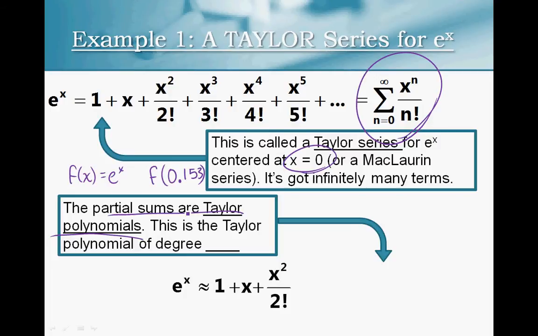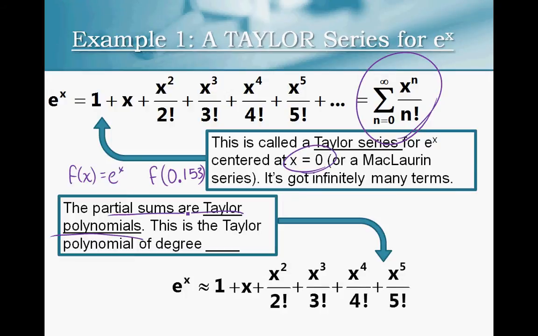It doesn't have a table where it knows that e to the 0.153 is equal to whatever value it's equal to. Instead, what the calculator does is it takes a reasonably big partial sum of this Taylor series. It's called a Taylor polynomial.